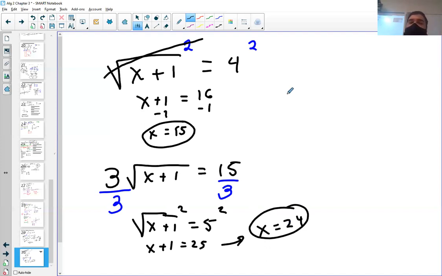Let's try this one. 10 times x to the 3 halves equals 80.